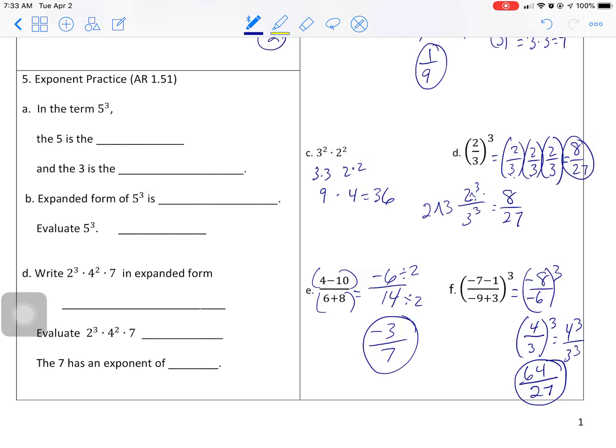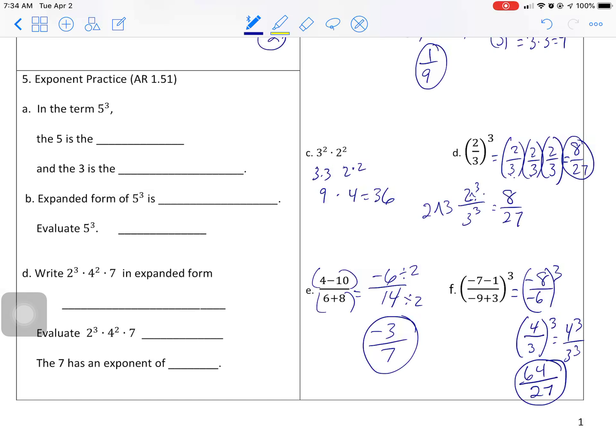On the key, I did the classic example of forgetting what I was doing. I got all the way to 4 over 3 and left it that way and forgot to cube it. In other words, 4 times 4 times 4. So 64 over 27. All right, moving on.